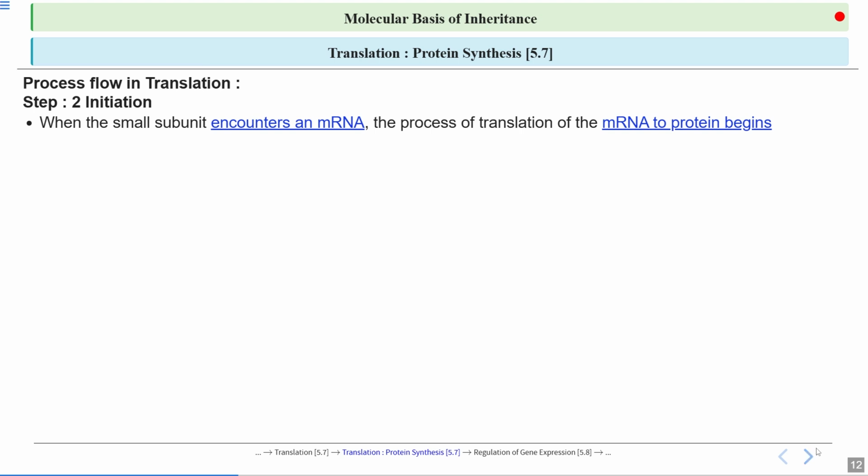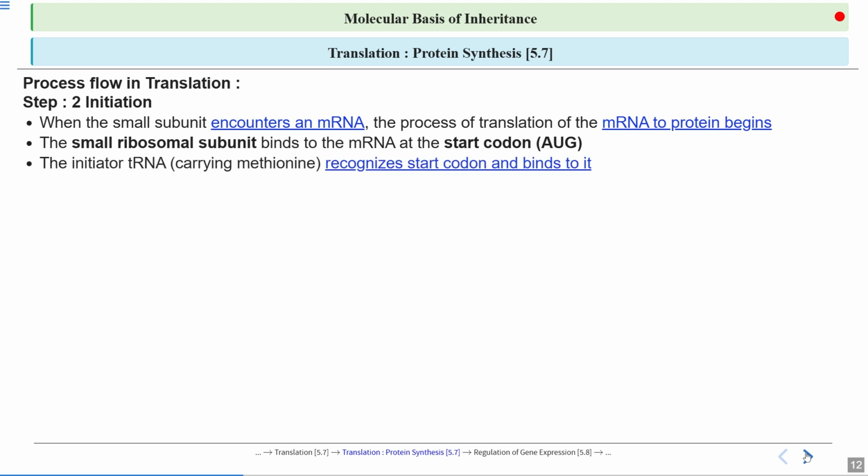The small ribosomal subunit binds to the mRNA at what position? At the start codon. We know that this is the point from where translation will start. So the small ribosomal subunit will go and bind to the mRNA at the start codon.